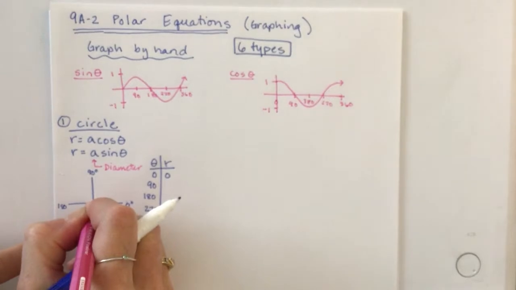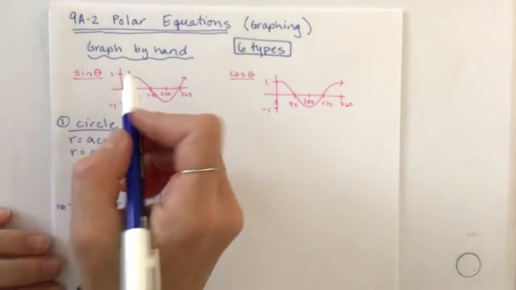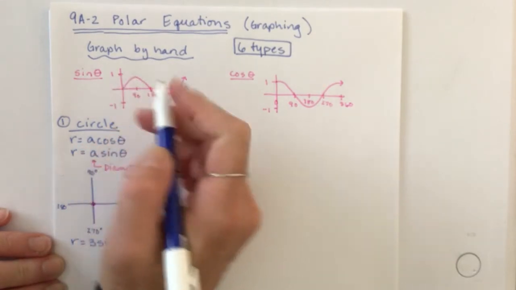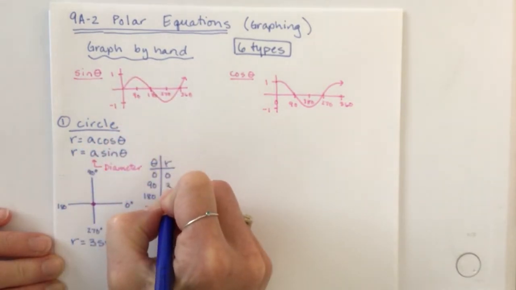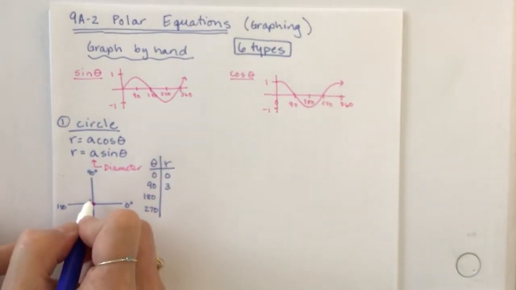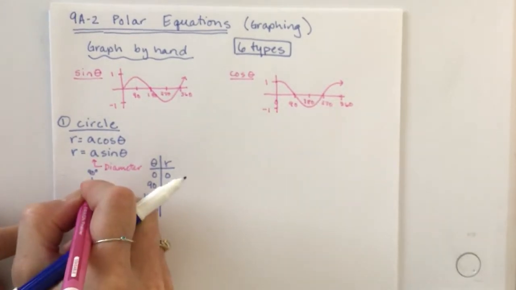So our first point is at 0, 0. Then at 90, we're at 1, right? So 1 times 3 is 3 when we do sine of 90. So at 90 degrees, we have a radius of 3, so we're going to go out 3. 1, 2, 3 at 90.